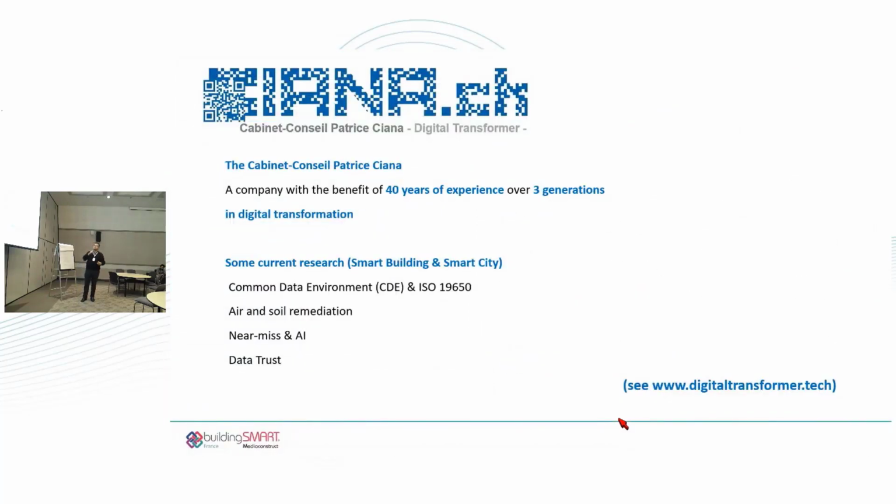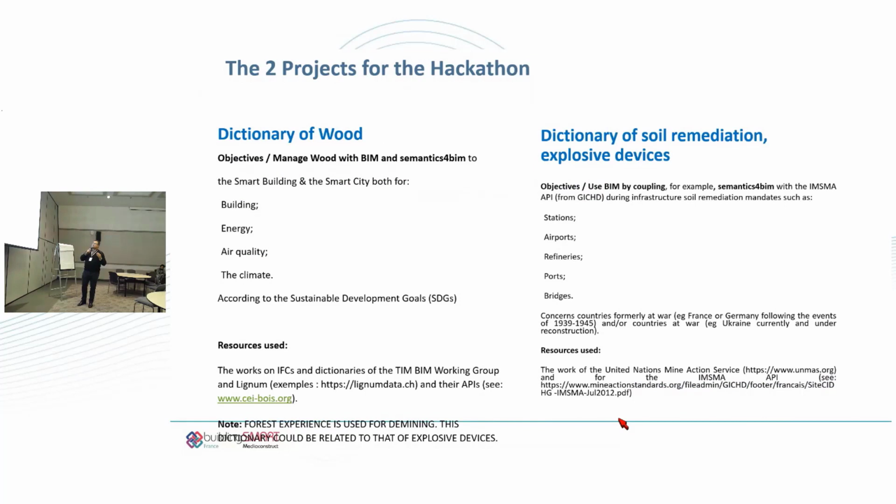The other work done by Sienna, I said, was about wood dictionary, but I want to make a stop on it. It was not just wood as a material for construction, it was wood as an object, as a tree, actually.